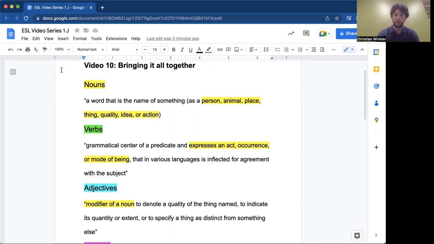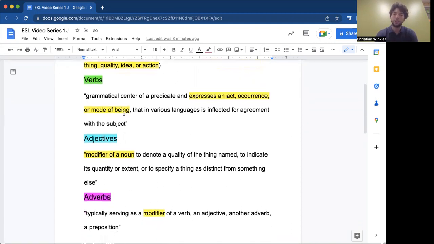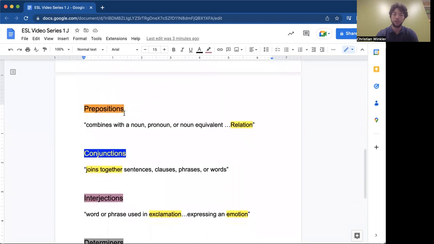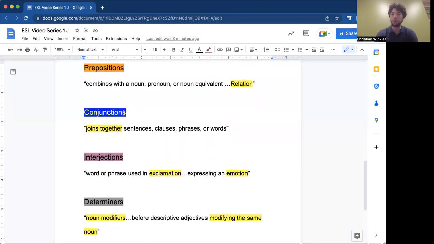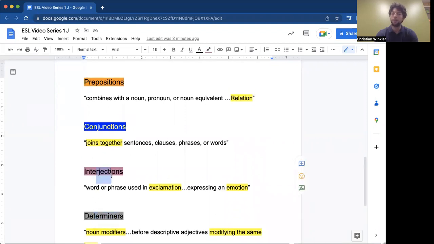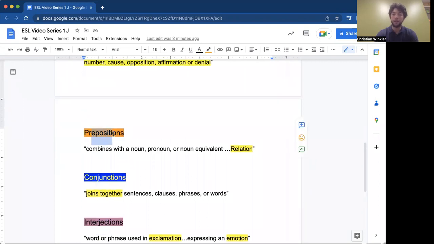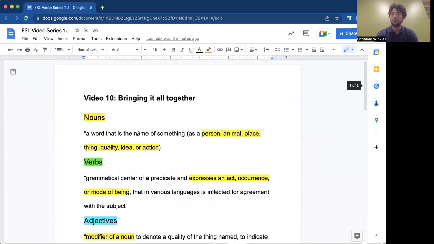First of all, we have nouns, verbs, adjectives, adverbs, prepositions, conjunctions, interjections, and determiners. We've highlighted all of these in the same highlight color that we've been using throughout the series, and the sentence at the end will have everything highlighted in its respective part of speech highlight color.